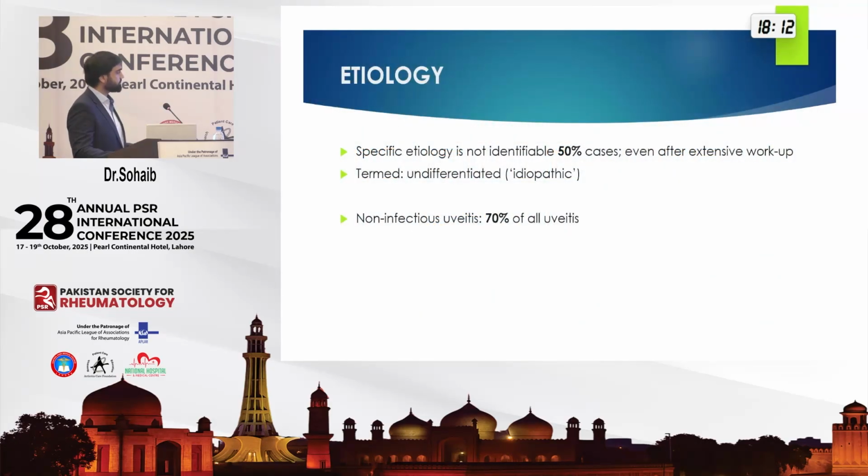A specific etiology is usually not identifiable in many cases, despite a very extensive workup, and we term them undifferentiated or idiopathic uveitis. Of all of them, about 70% of uveitic entities are autoimmune, non-infectious.